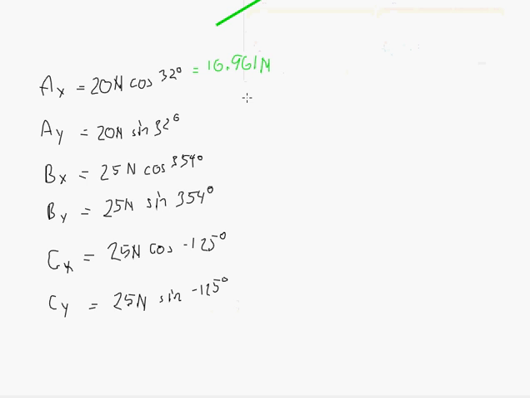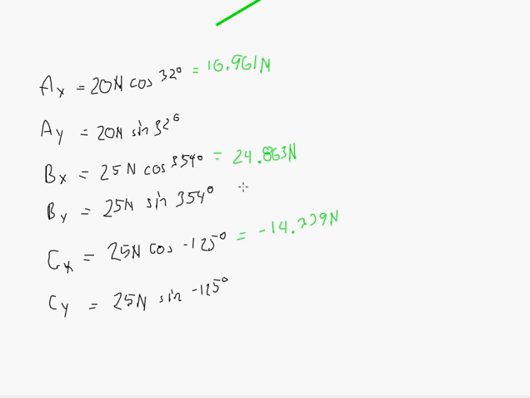And I'm going to go down here and do my next x. 25 cos 354 is going to be equal to 24.863. And then I'm going to do this one. 25 cos negative 125. Enter. And it's going to be negative 14.339 newtons. And I forgot my newtons up here.